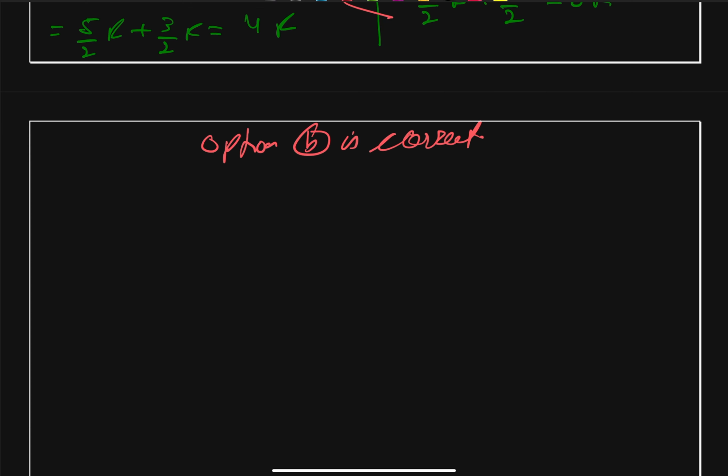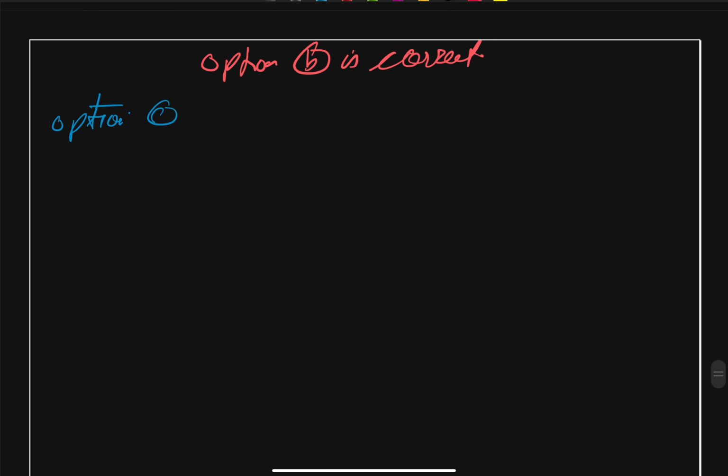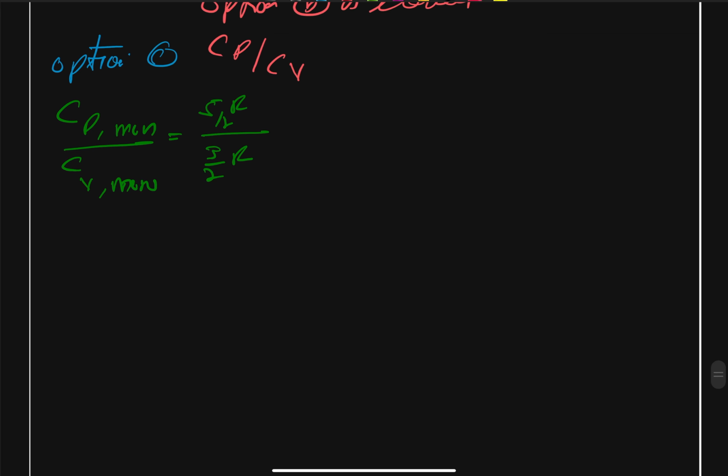Now we come to option C. Option C is the ratio, that is Cp and Cv. So we can write this as Cp of mono over Cv of mono, which is equal to 5/2 over 3/2. This gives us 5/3, approximately 1.667.